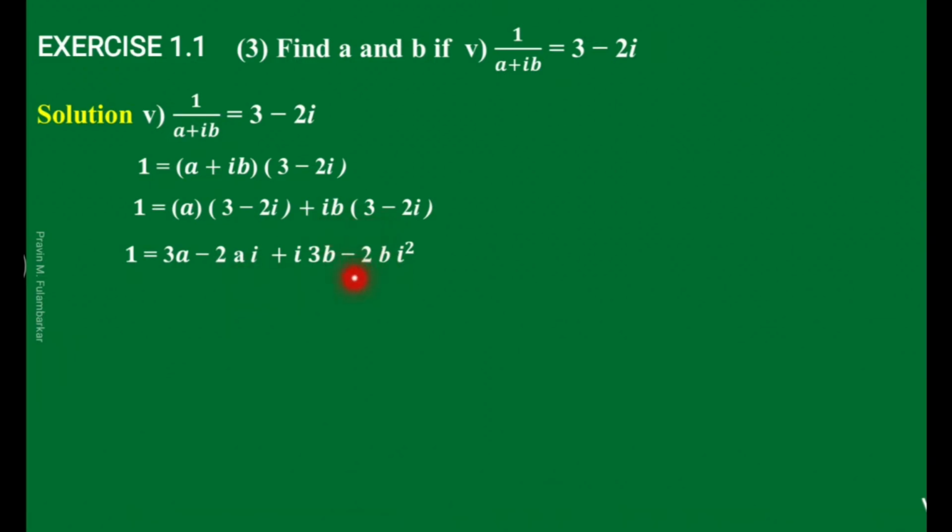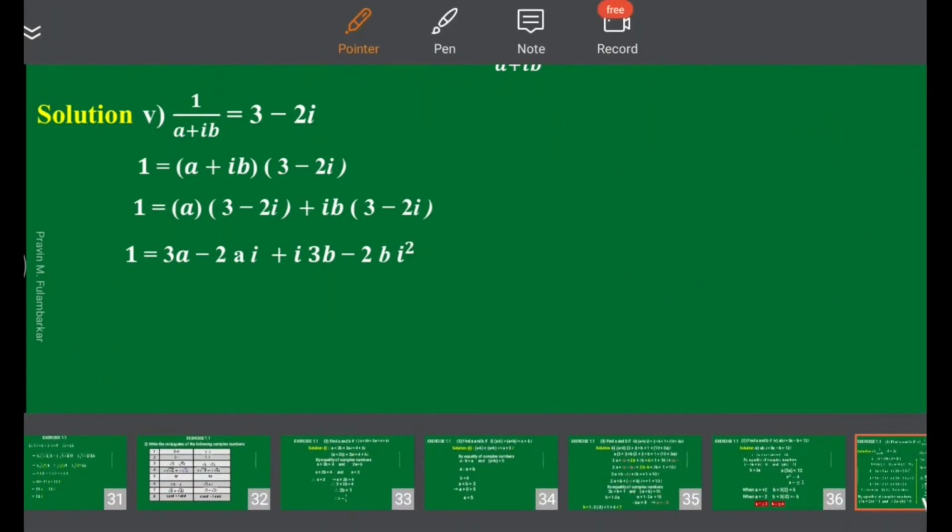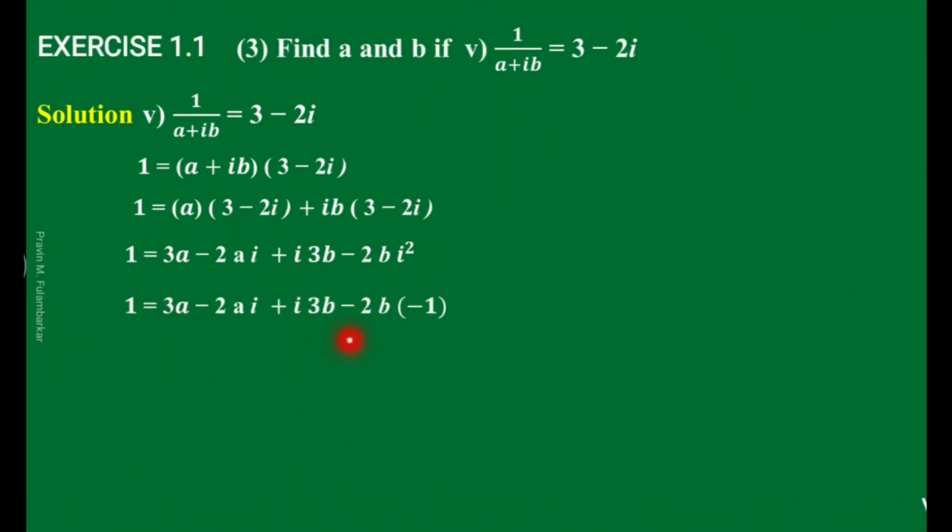So ib into 3, we write i into 3b, multiply by ib to minus 2i. So we write plus, minus minus 2 into b into b, i into i square. Now here we have to replace this i square by minus 1. So we get here minus minus plus.